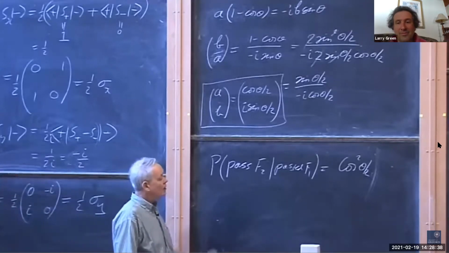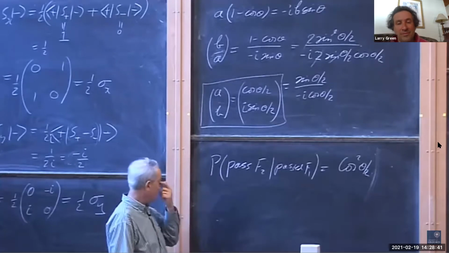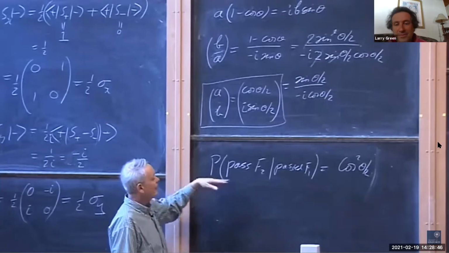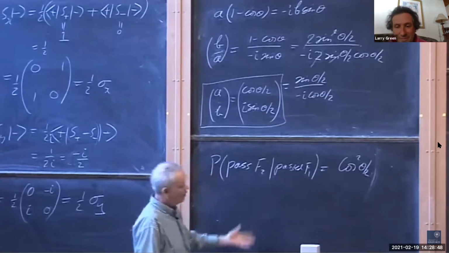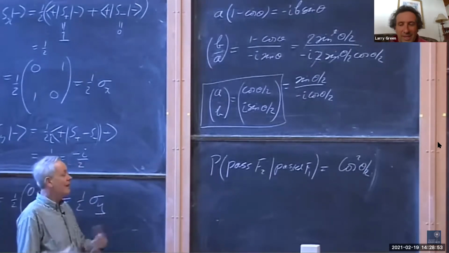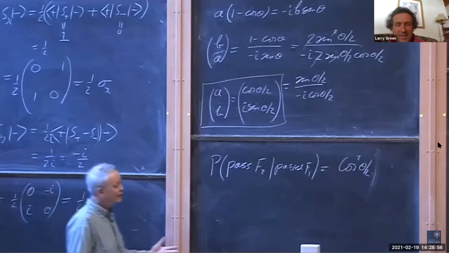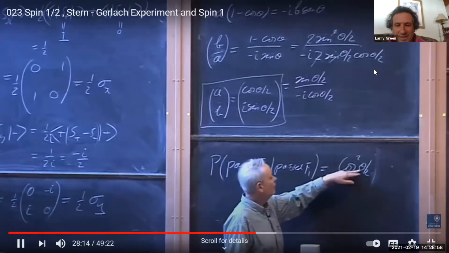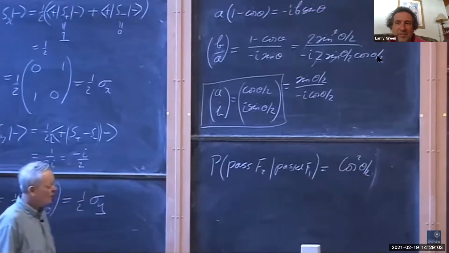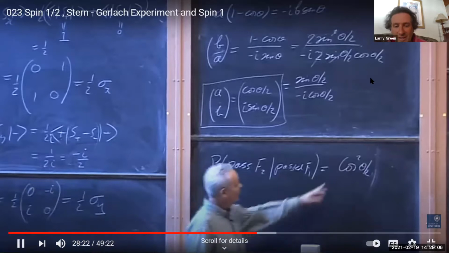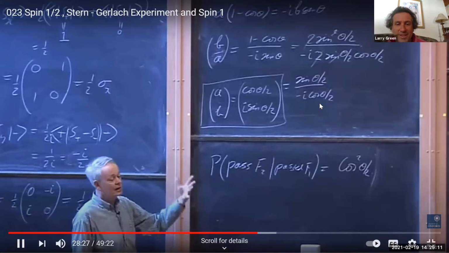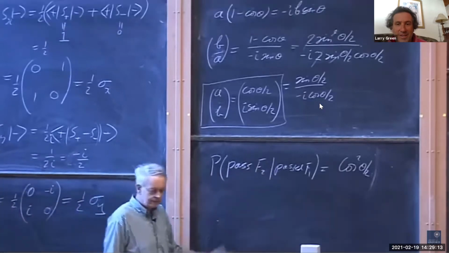So you would expect equal probability of getting plus a half for the spin along y, that plus a half on y and minus a half on y would be equally likely by the symmetry of the situation. And indeed, cos of pi upon 4 is 1 upon root 2, so cos squared of pi upon 4 is a half, and that makes perfect sense as well. So this formula predicts the kind of thing that you would expect.